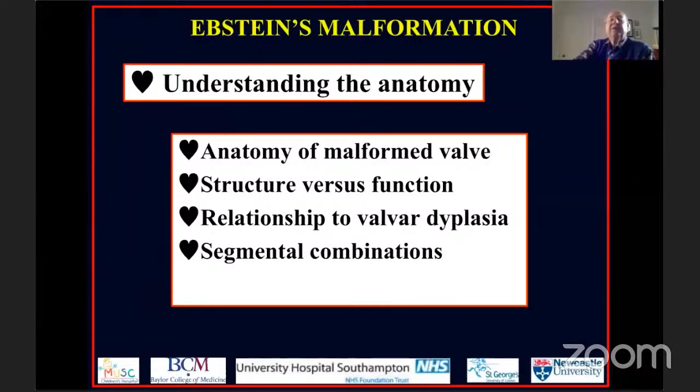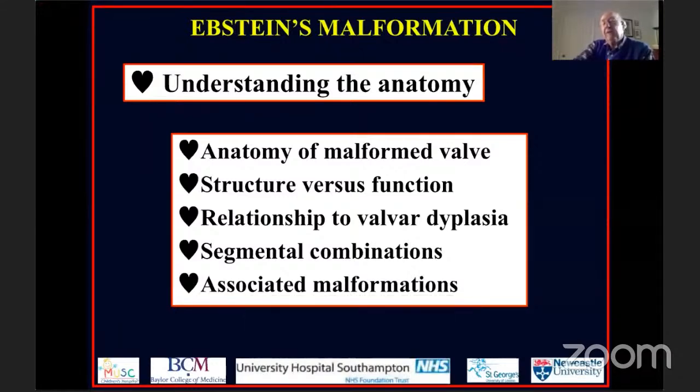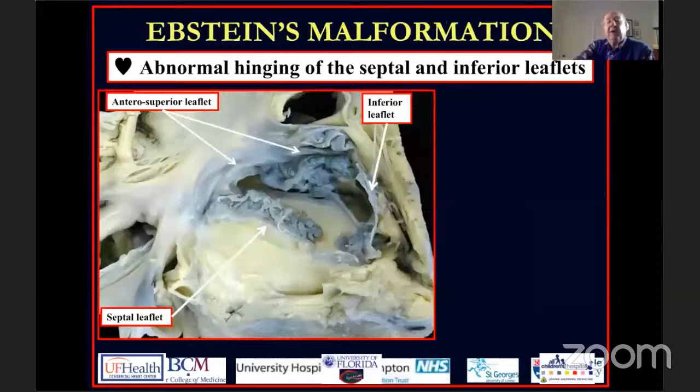I shall say a few words at the end about segmental combinations. And I must remind you not to forget the associated malformations, although I won't be saying a lot about these associated malformations. Instead, I'm going to concentrate on the anatomy of the malformed valve.